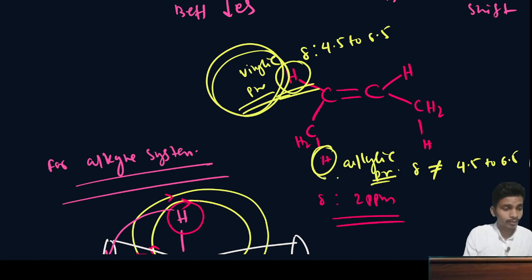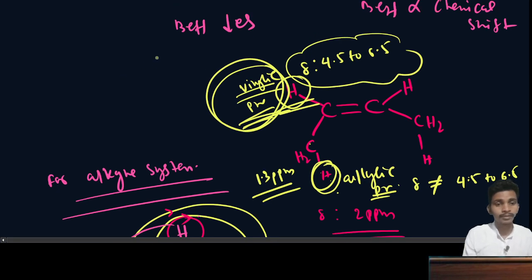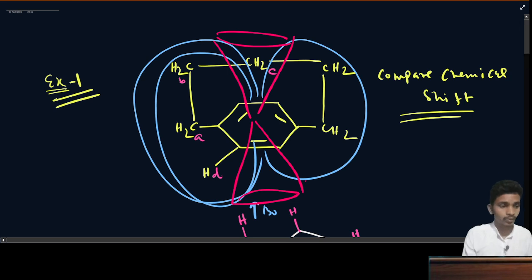If an allylic proton is there, its chemical shift value will be, this being the 2 degree, 1.3 ppm. So this proton has 1.3 ppm. After that, this carbon is there, then some effect will be applied, but for this allylic proton, this anisotropic effect is not applicable. This is applicable only for the vinylic protons. Okay, we'll solve these questions.